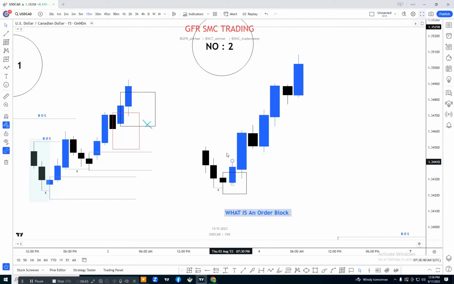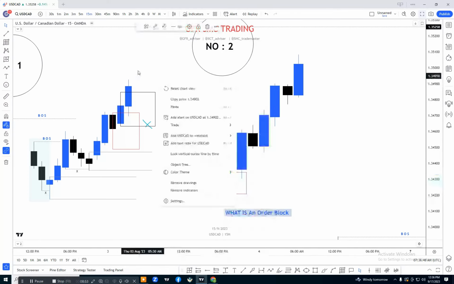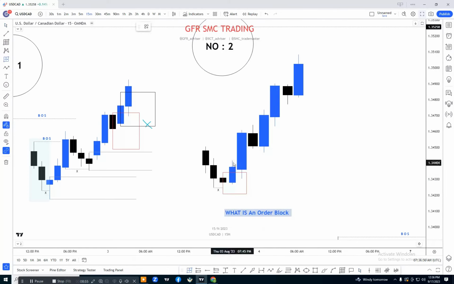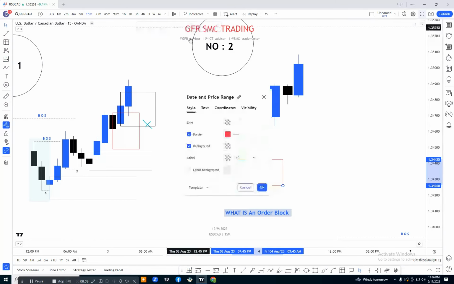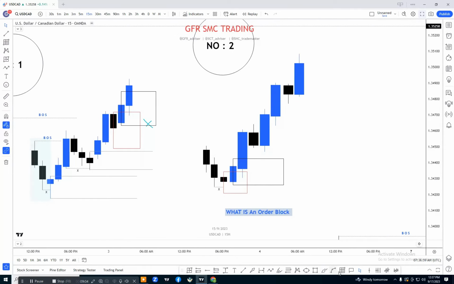So what will we do? We will simply apply this method at this point. So this will not be considered our order block. I will mark it with a red box. Then we will simply switch to the next candle, which will be considered our bullish order block now, because this candle has a proper imbalance here, so that will be considered a bullish order block.